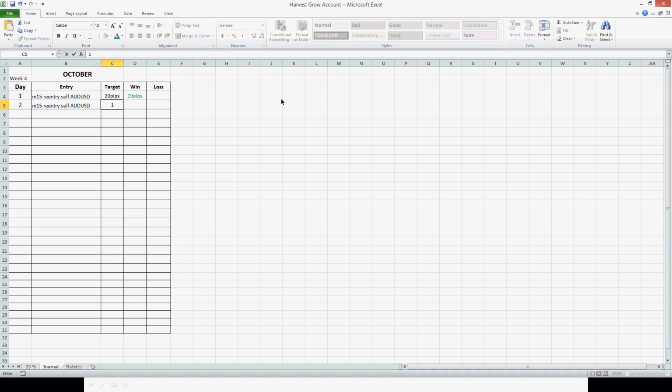Your target there is about 1 pip, because that's your remaining target. But the market went down so far that you achieve about, say, 6 pips. So basically today you already achieved about 25 pips.